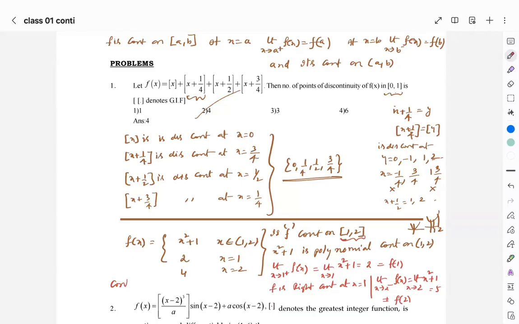The final conclusion is it is continuous on the open interval 1 comma 2, but discontinuous on the closed interval, because it is discontinuous at x equal to 2. Or we can say it is right continuous at 1 but not left continuous at x equal to 2.